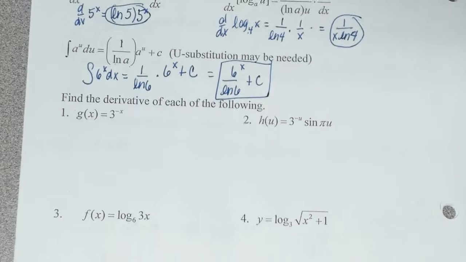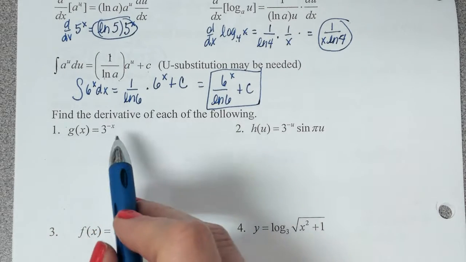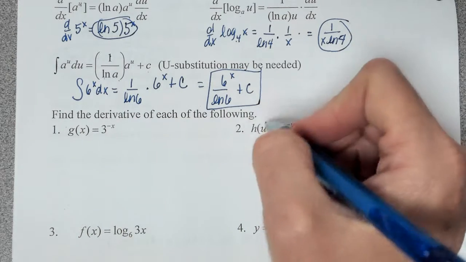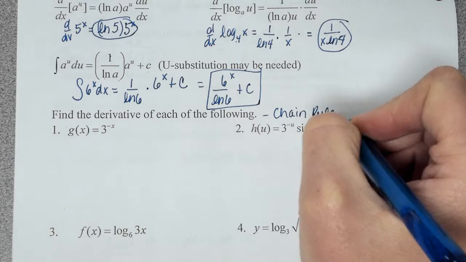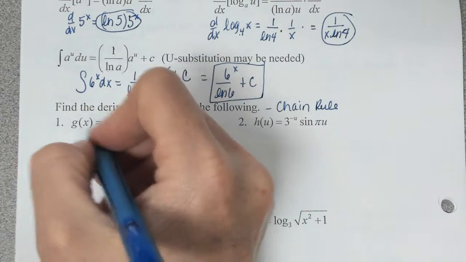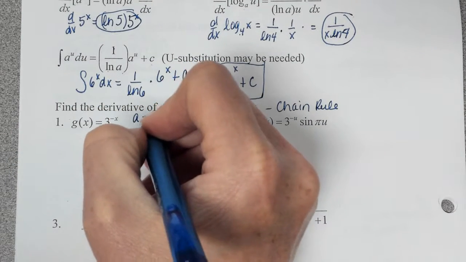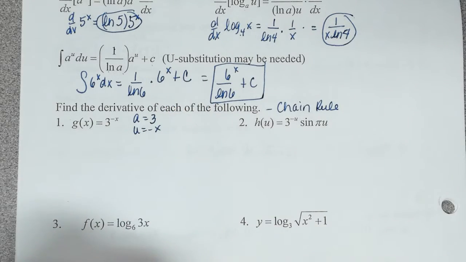All right, let's look at number 1 now. We're taking the derivative. With the derivative, we have to be thinking about the chain rule. With integration, we use a u substitution, but with derivatives, we use the chain rule. So for this problem, in this case, a is 3, u is negative x.